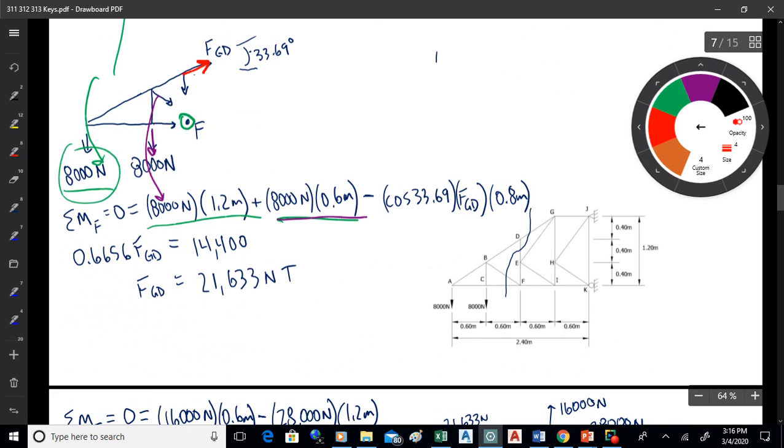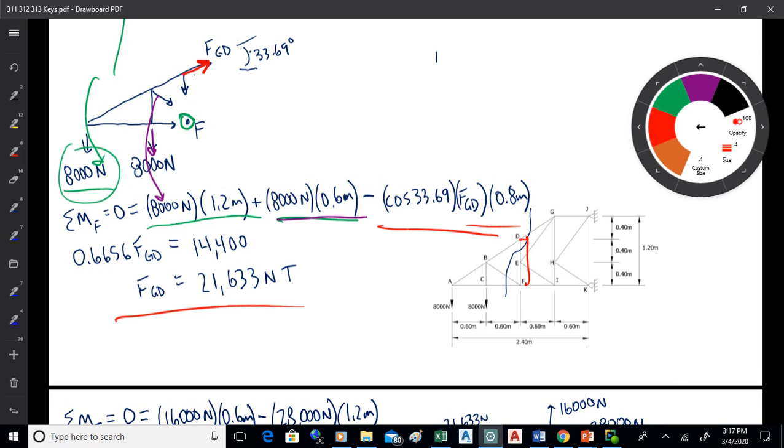That's going up at a 33.69 degree angle, so I'm going to use the cosine of the angle times FGD, and then that distance from F up to where that force is applied is 0.8 meters. So I can work through and find GD. It's 21,633 tension. All right, so I'm going to get that.